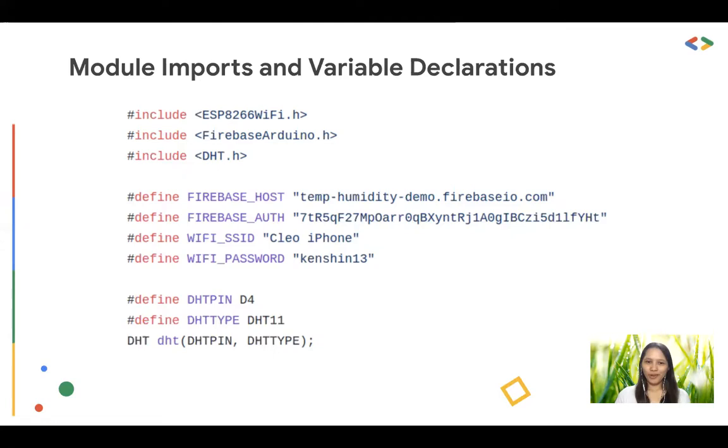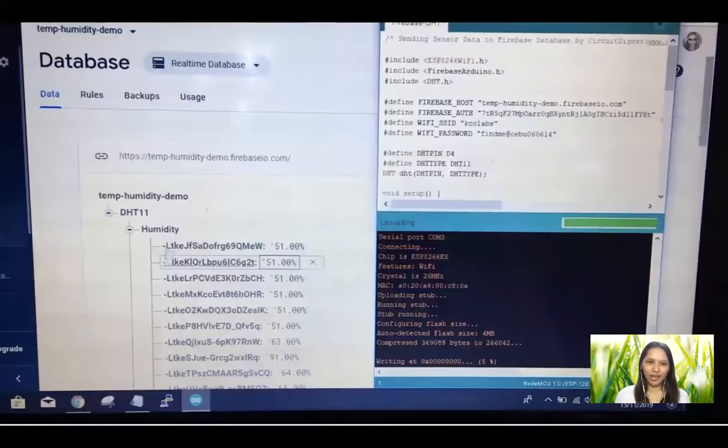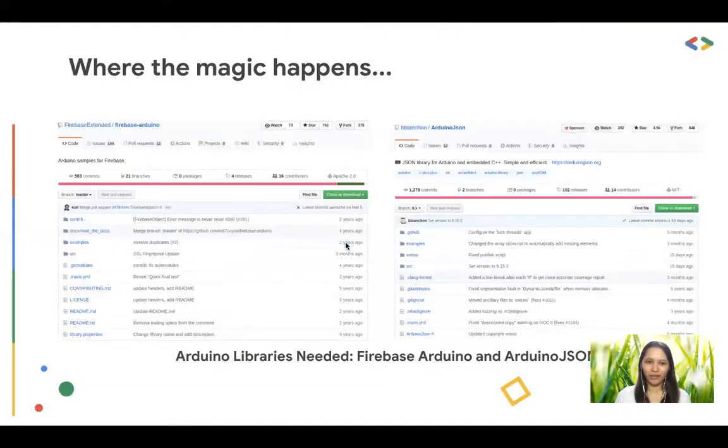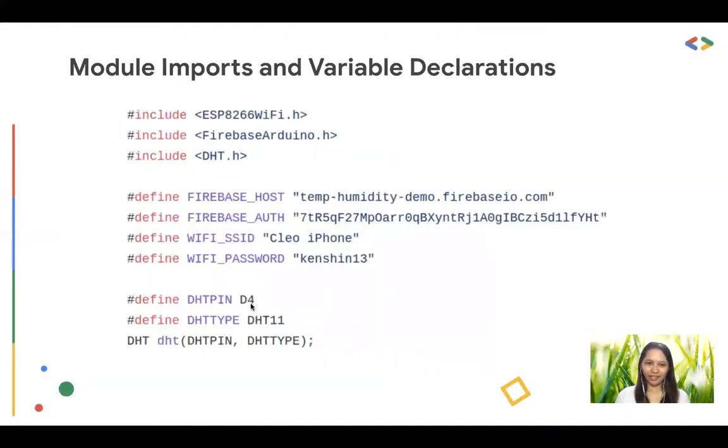And of course, we also need to set up our Wi-Fi connectivity, so we have an SSID and password, because we cannot send data if our development board is not connected to the internet. And lastly, for the last block, we have the DHT pin there, D4. Remember, I told you that this yellow wire here is connected to the D4 pin on the development board. So we are setting that here.